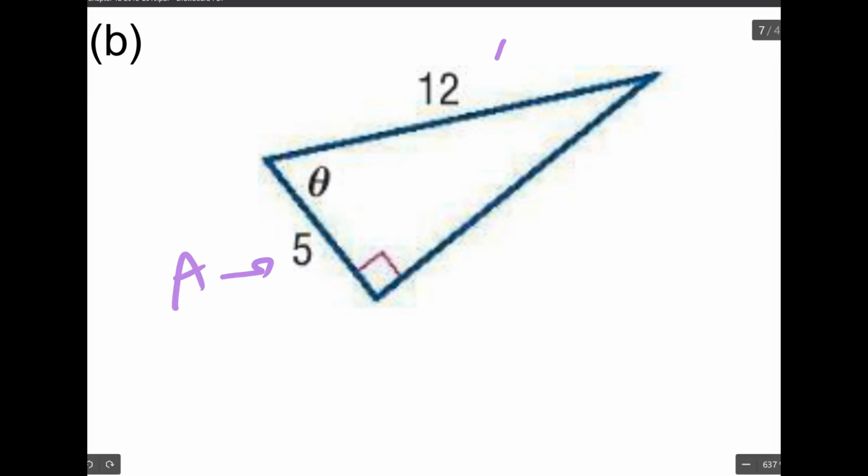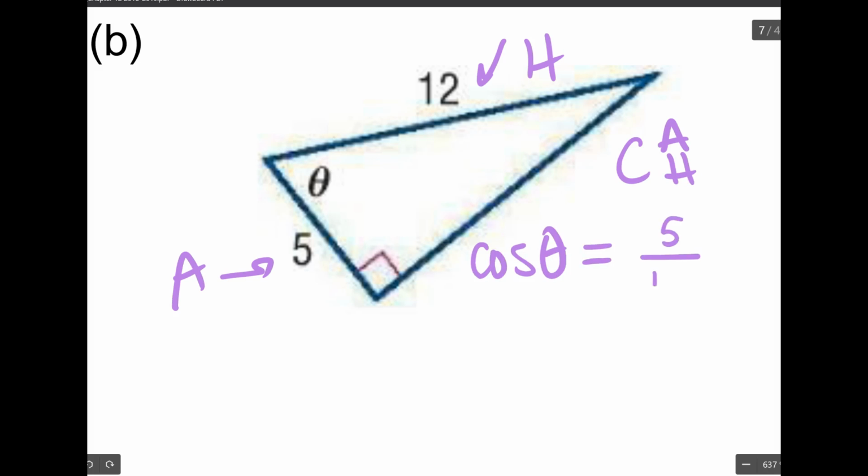I have my adjacent, and I have my hypotenuse. So if we do SOHCAHTOA, I can say cosine of theta, the angle, is equal to adjacent 5 over hypotenuse 12. To solve for the angle, I will take cosine inverse on both sides.